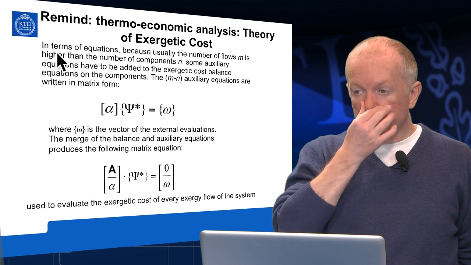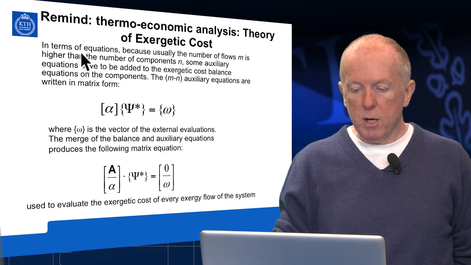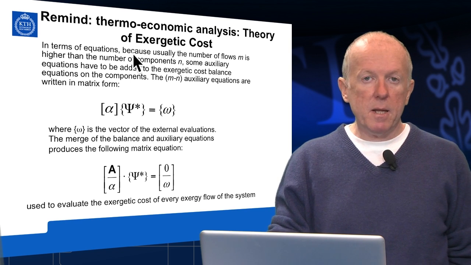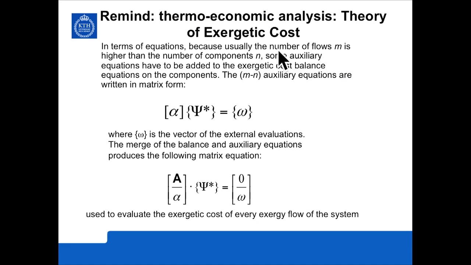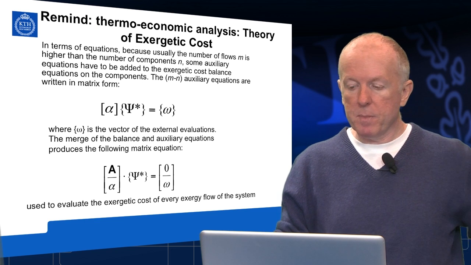In terms of matrix equation, you can understand that usually the number of flows m in a system is higher than the number of components n in the system. So where you have more flows than components, m is higher than n.